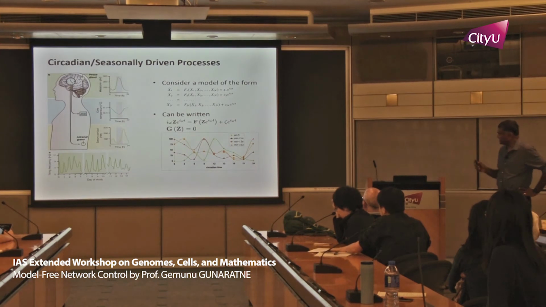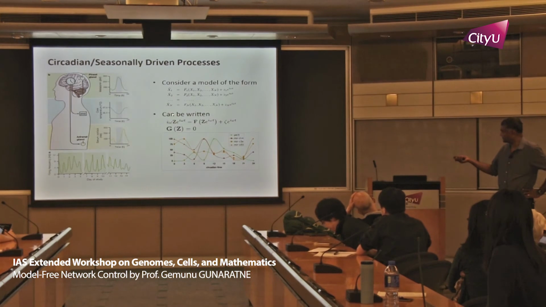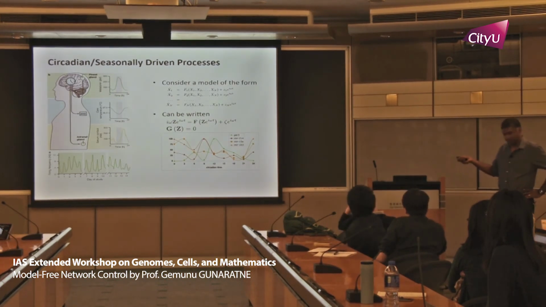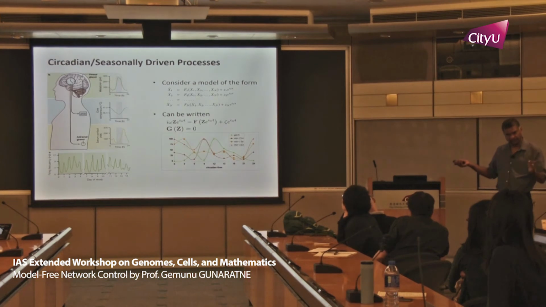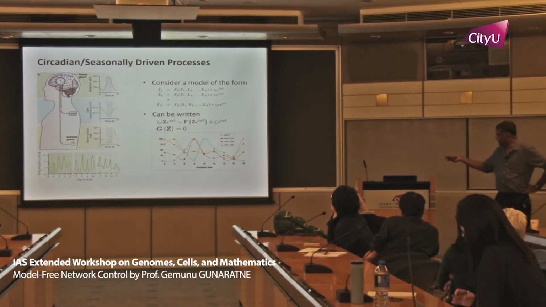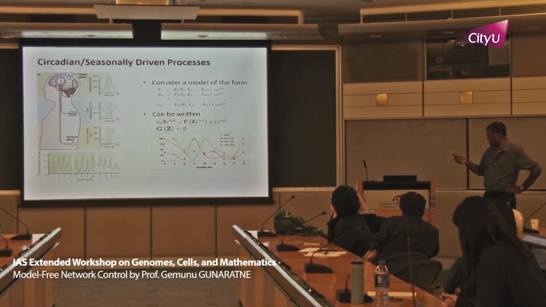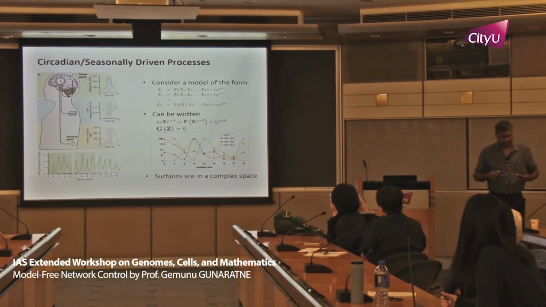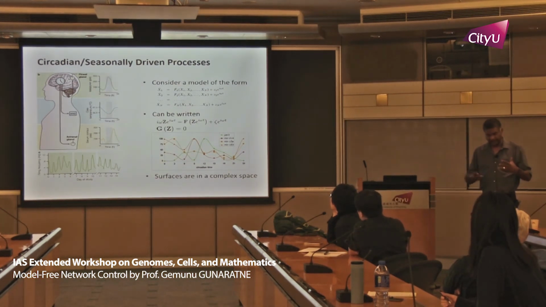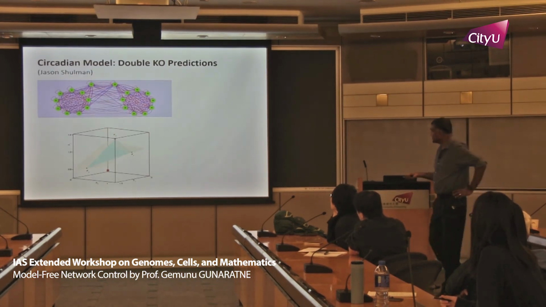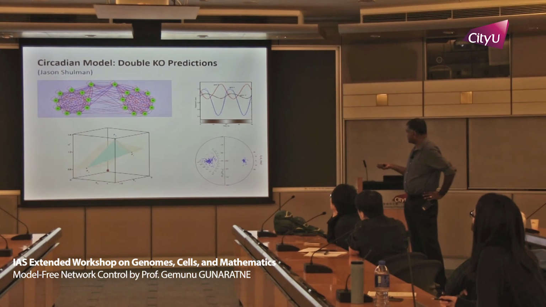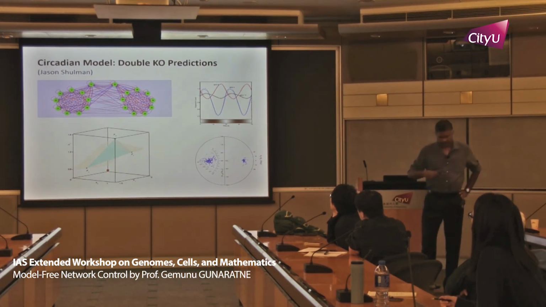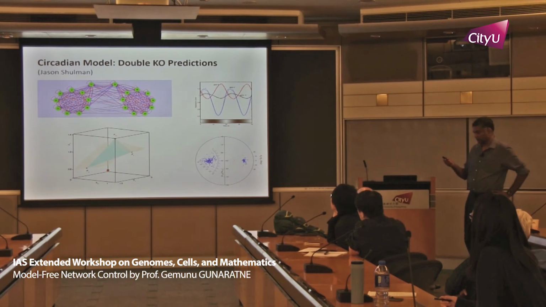The only difference is that rather than real numbers, you have to give complex numbers in these models, because they are the phase and amplitude both associated with the system. Here's an example of circadian behavior. We could do the predictions again. The only difference is that these response surfaces are in complex space rather than real space. Again, the predictions were really good. We could drive it to any place where we wanted to.